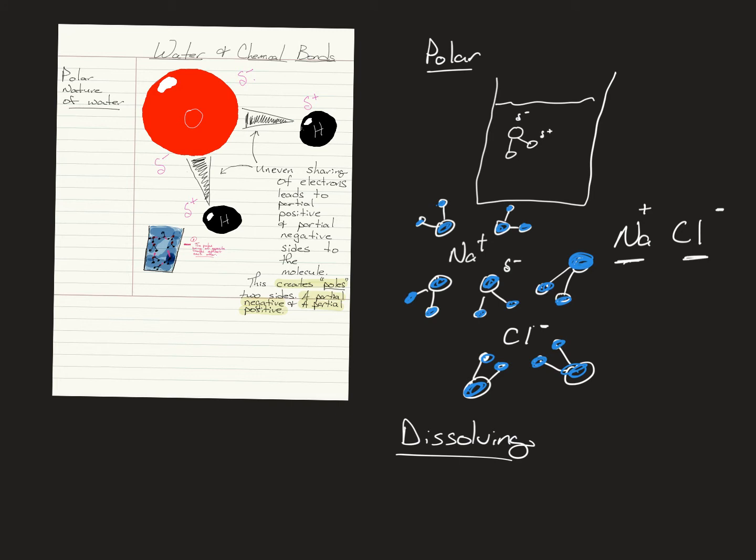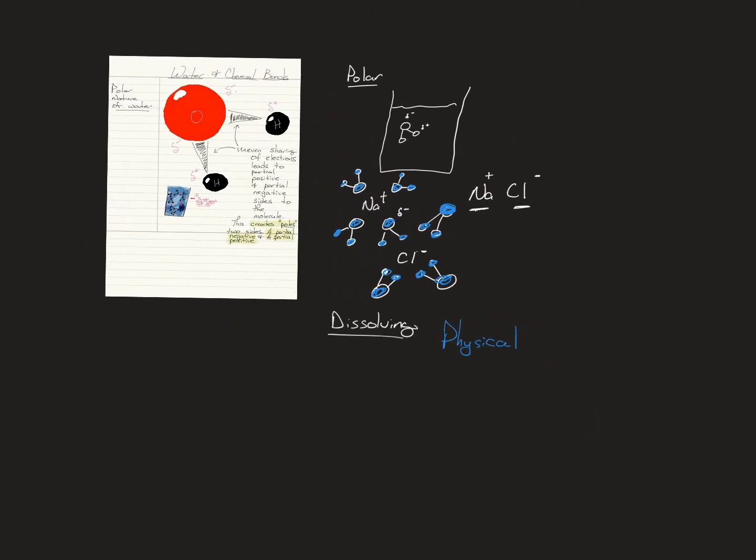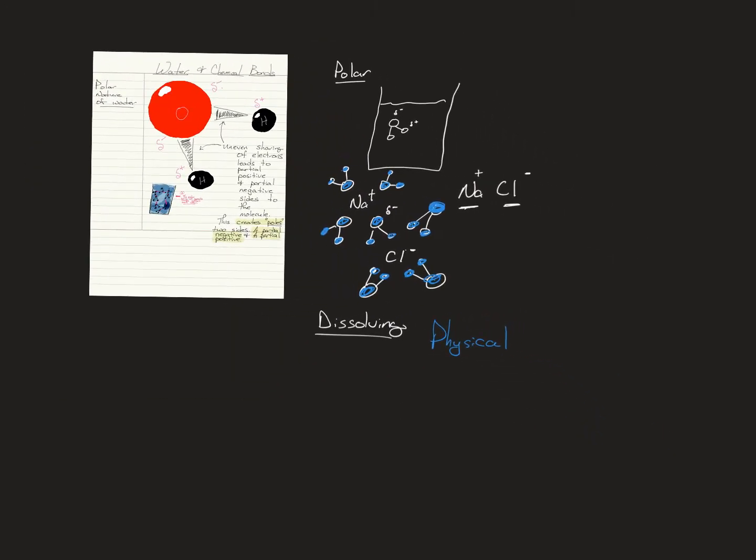It's still there. It's just that the water surrounds it and makes it go into solution. This is a physical change. This is just mixing salt really, really well with water. That's all you're doing. That's it.